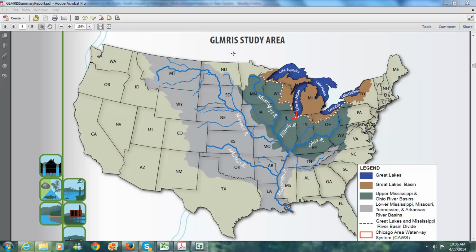We're going to be looking at the GLMRIS study. GLMRIS stands for the Great Lakes, and you see the Great Lakes in blue here at the top, Mississippi River Interbasin Study.